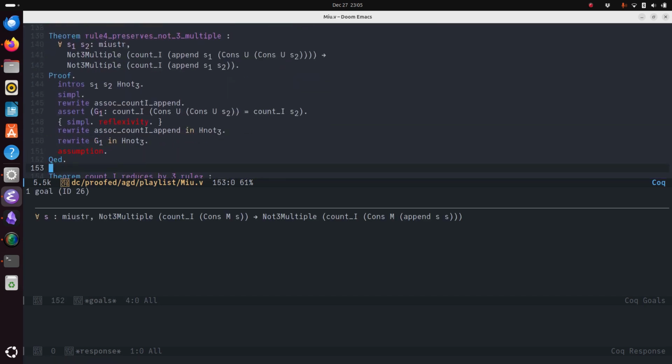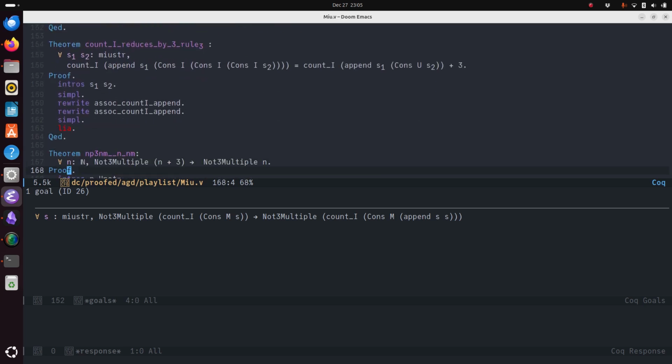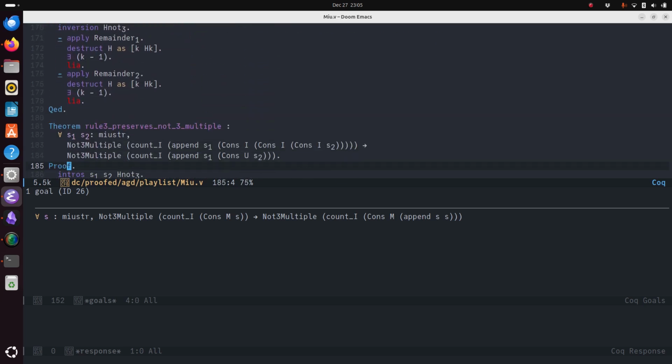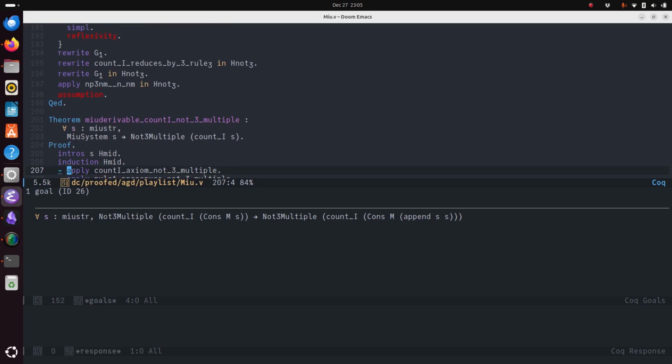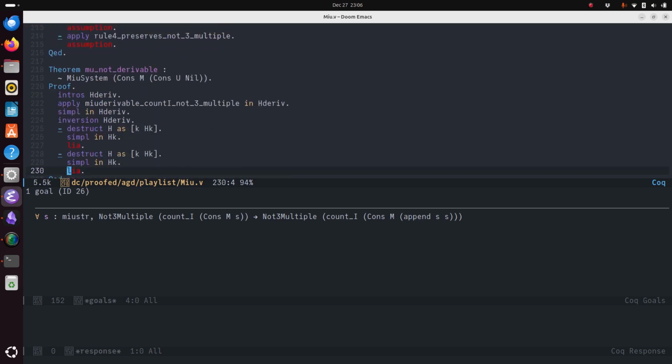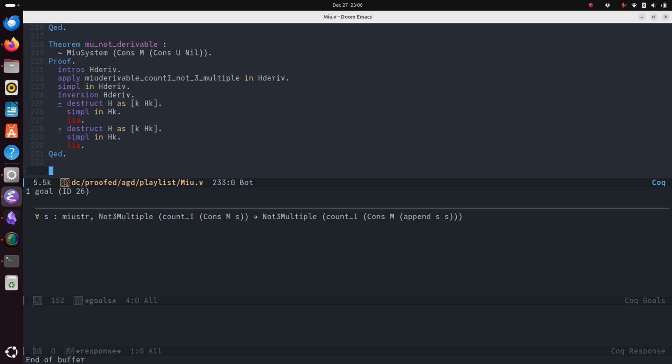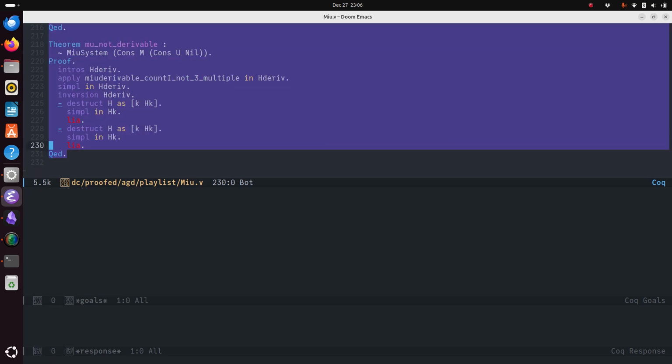So we proved all the theorems similar to what we did in Agda, and finally we proved even in Rocq that MU is not derivable in MIU. This theorem is insisting that MU is not a part of the MIU system.